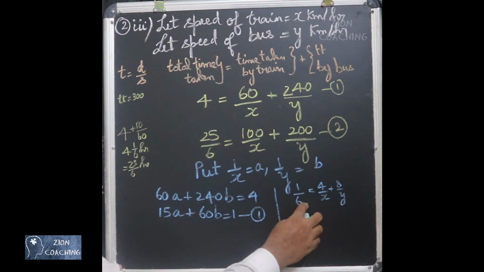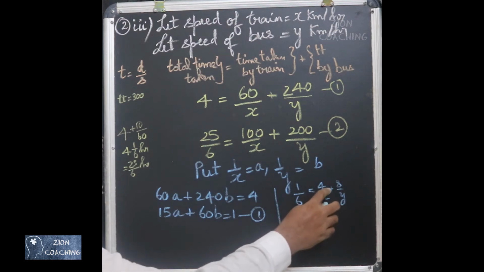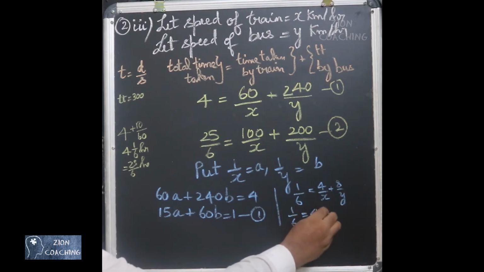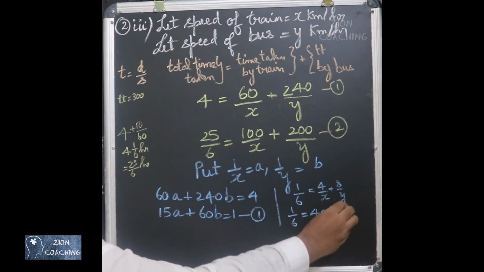Now taking 1 by x is equal to a and 1 by y equal to b, we have 1 by 6 is equal to 4a plus 8b.